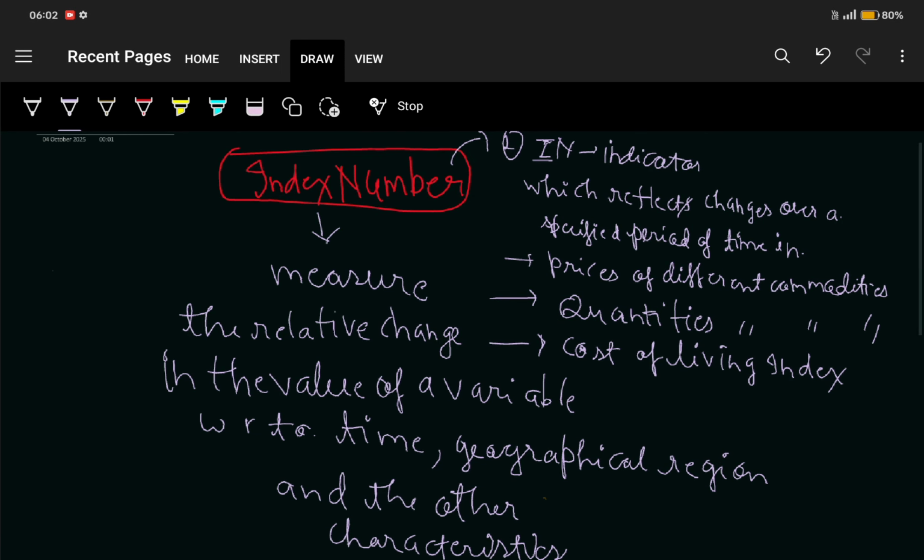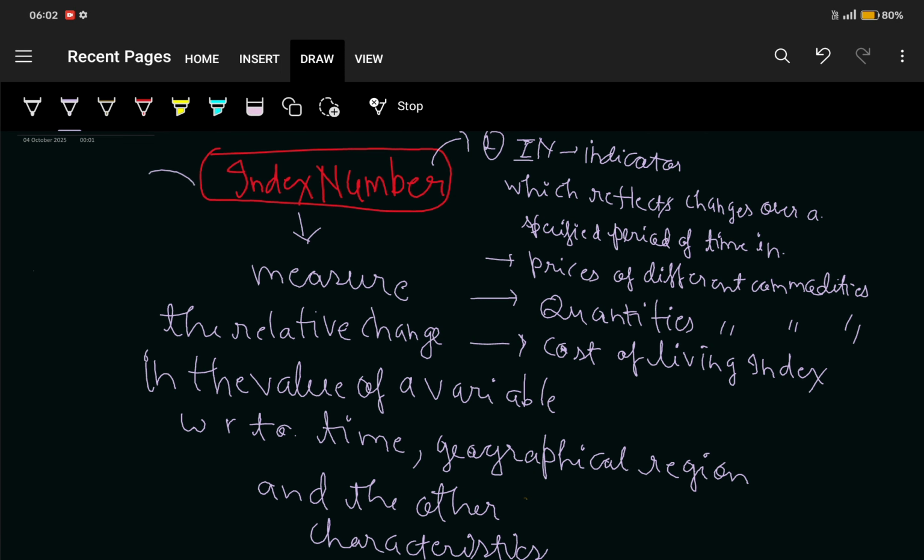And the third point is, since it reflects the pulse of economy, therefore it is also termed as economic barometer.